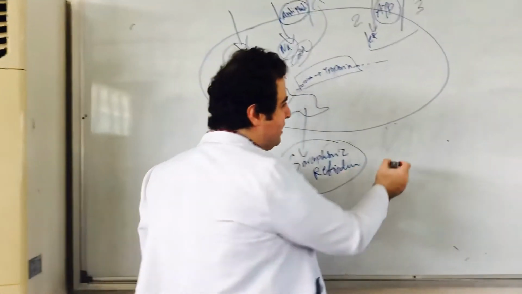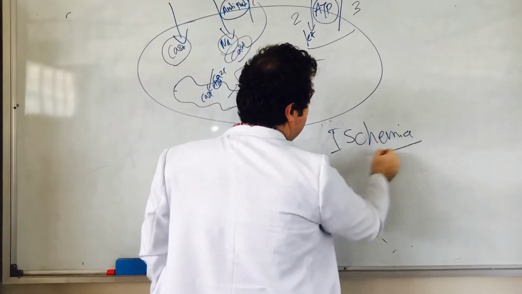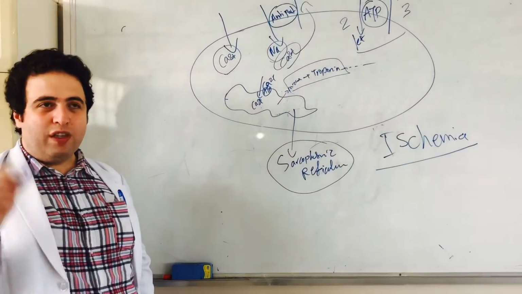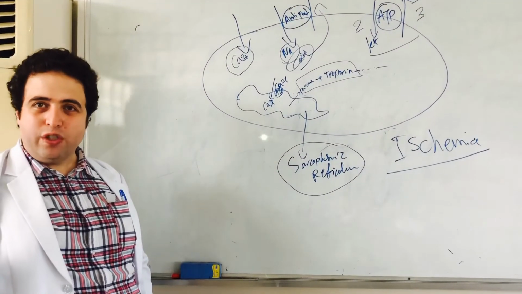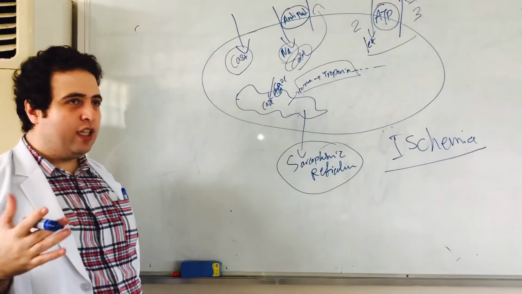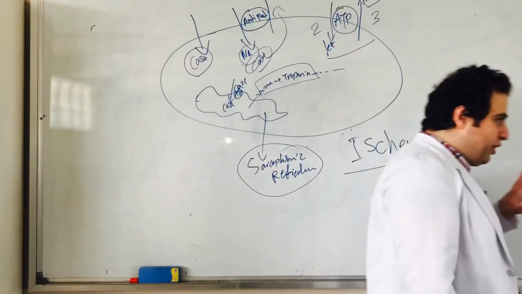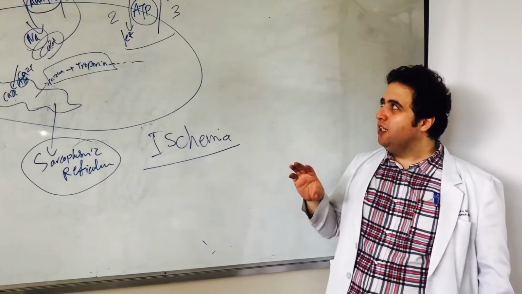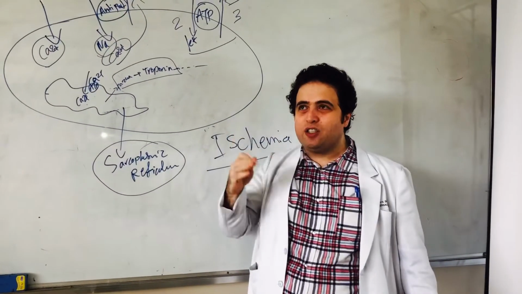So there is ischemia, meaning reduced blood flow. What is blood composed of? Hemoglobin, which carries oxygen. So when there is low blood, there is low oxygen. When there is low oxygen, let's see what will happen. I talked about oxygen, right? And the importance of oxygen in biochemistry: we learned that oxygen is the final electron acceptor in the electron transport chain.